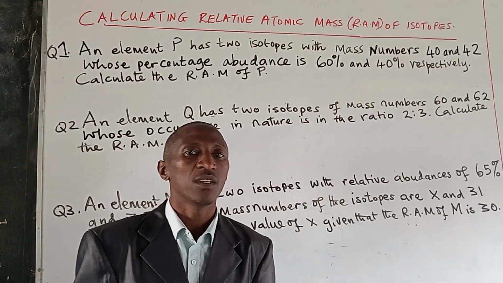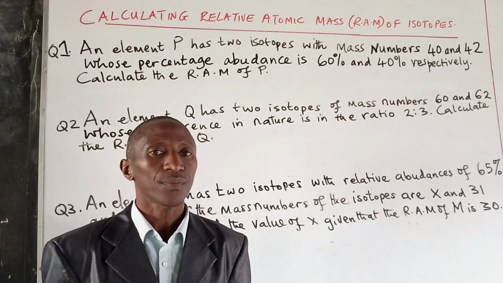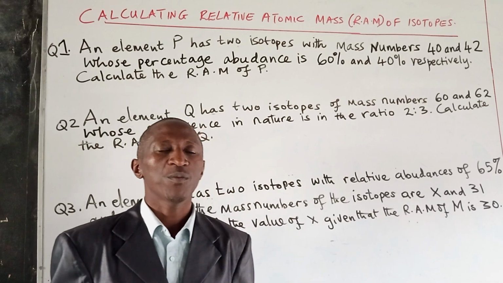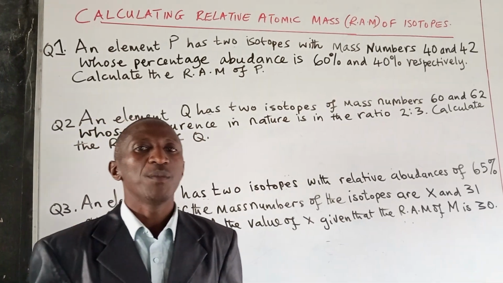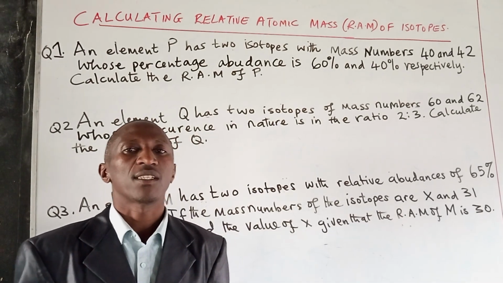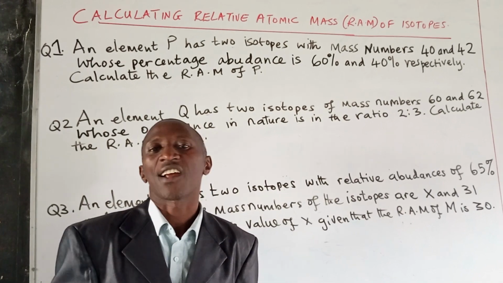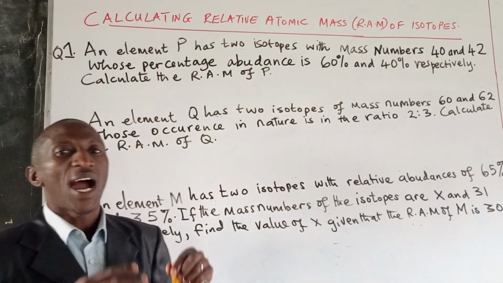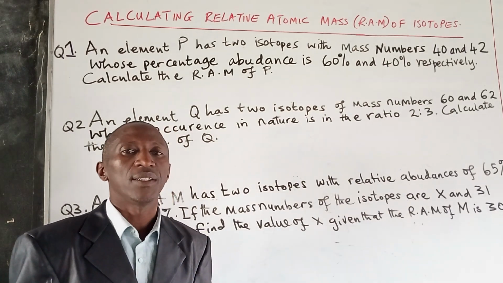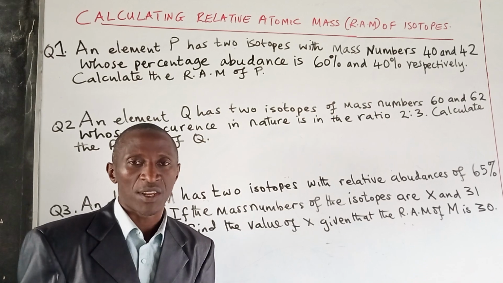It has the isotopes chlorine 35 and chlorine 37. That means the atoms in question here have the atomic number 17, but the number of neutrons is different. With that, we look at how we calculate the RAM of such an element.